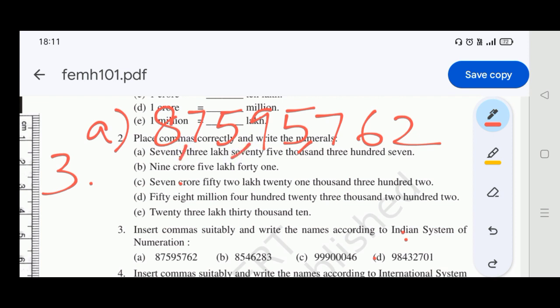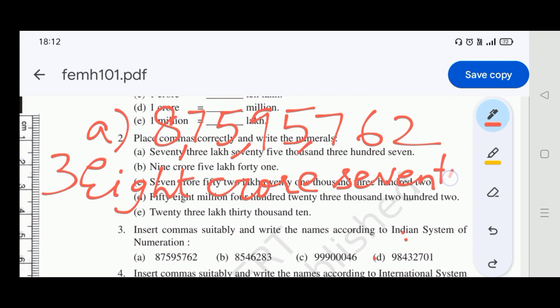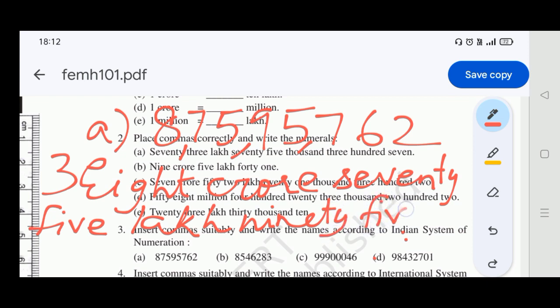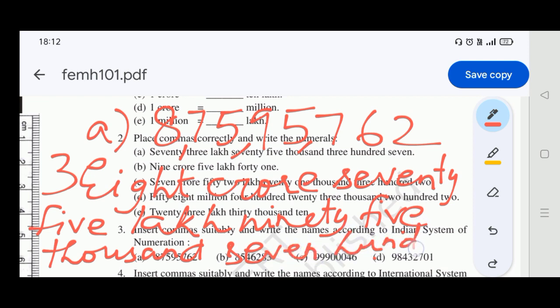So it is 8 crore 75 lakh 95,762. This is the answer for the number name: 8 crore 75 lakh 95,762.